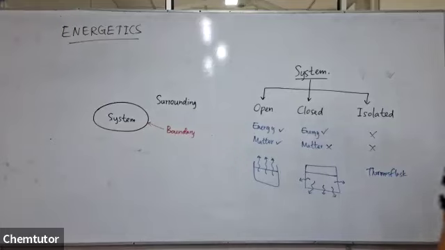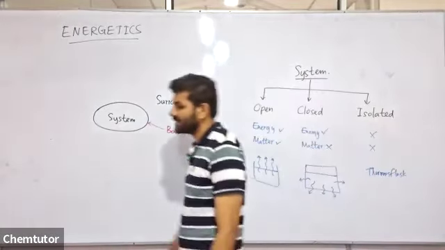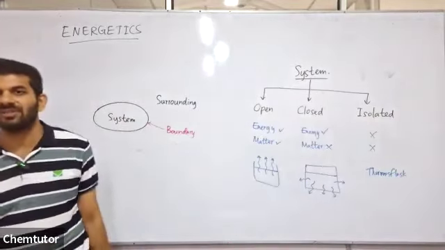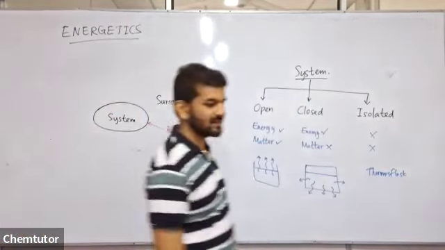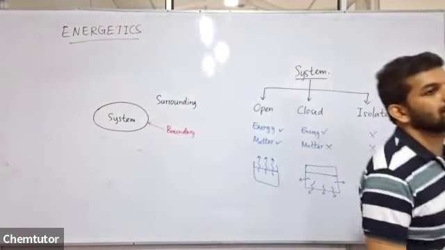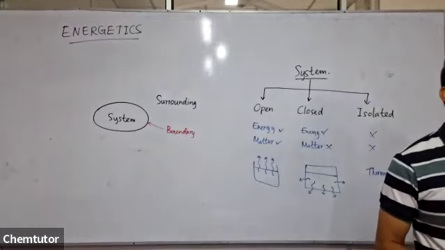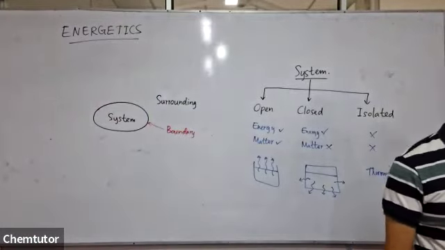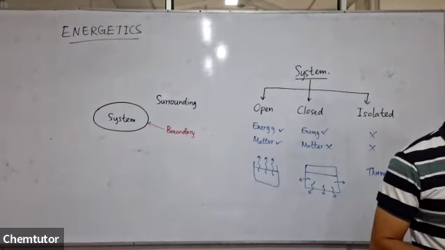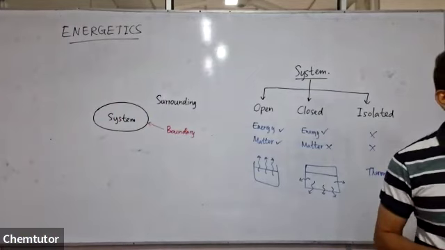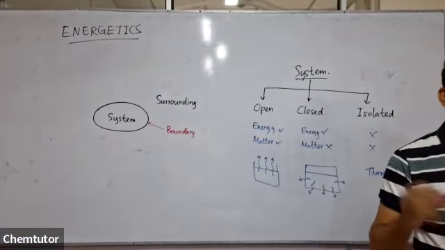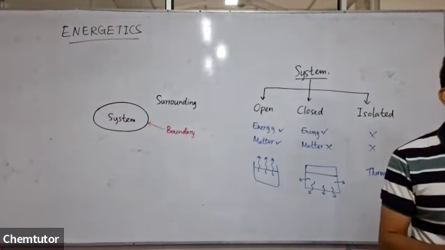Then systems can again be divided into two types: homogeneous and heterogeneous. What are homogeneous systems? In homogeneous systems, all the matter is in the same physical state, whether liquid or gas.